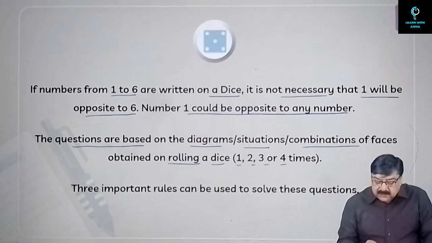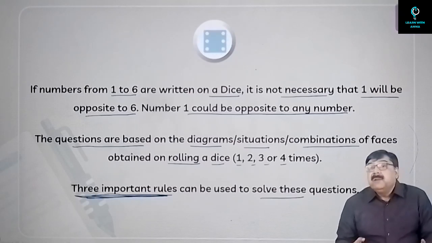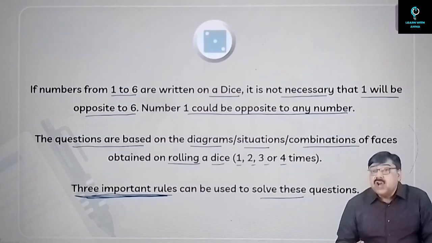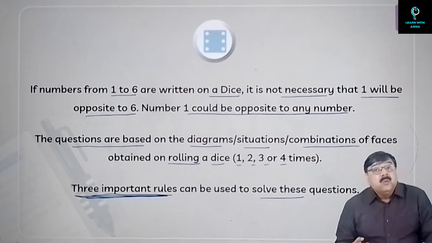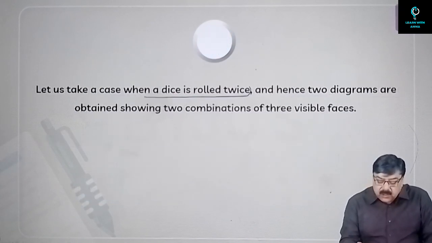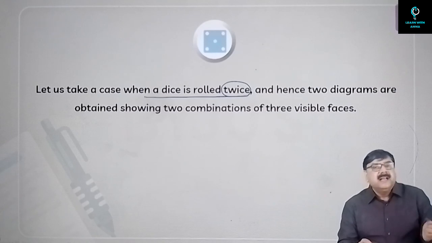Now to solve such questions, 3 important rules can be used, which will be very, very helpful, which will reduce the time period, which will ensure that you will always reach the correct answer within no time. Now let us take a case when a dice is rolled twice. First you have rolled the dice, you have thrown it on the table, then again you pick it up, and then again you roll the dice and throw it on the table.